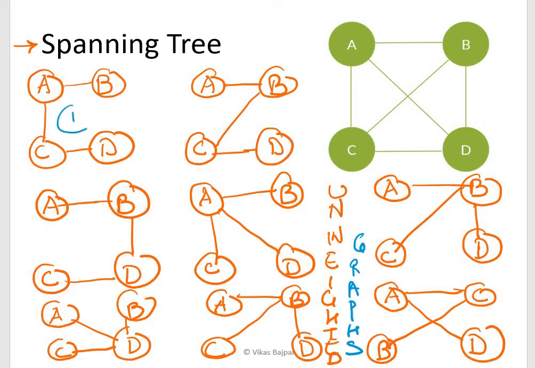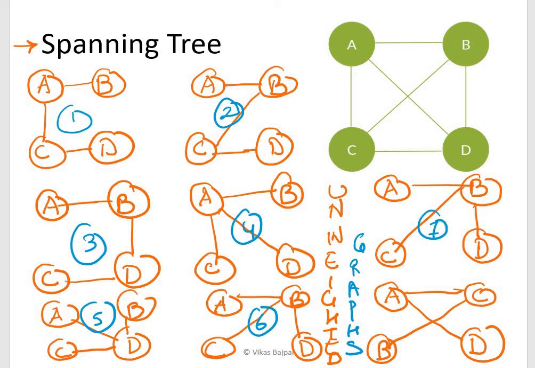So one setup is this, another one is this, another one is this, another one is this, and maybe 6, 7, 8, and we can have some more. Now this was all about spanning trees. Now let's add some weights to it.